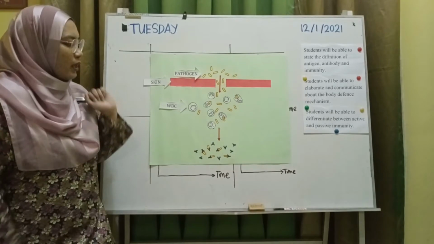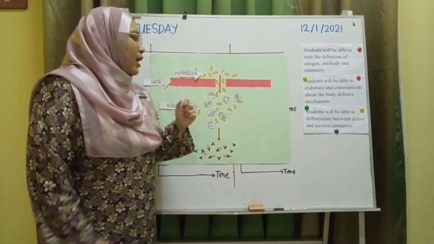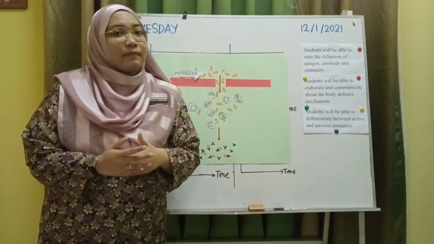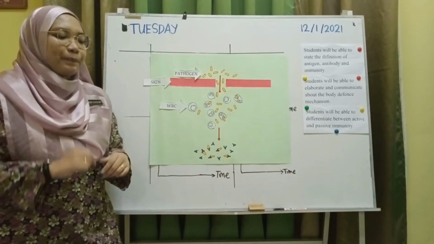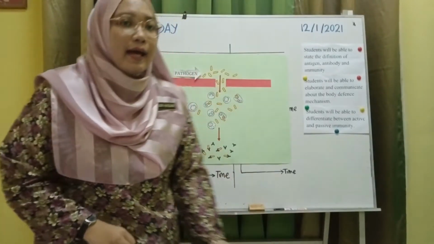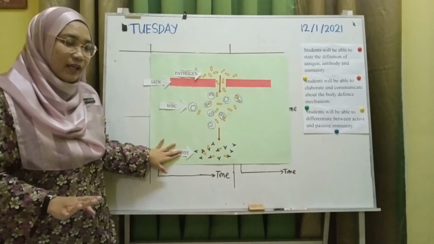So, do you think this white blood cell can fully fight the pathogen? No, teacher, I do not think so. Okay, correct. Therefore, we have our third line of defense, which is antibody.